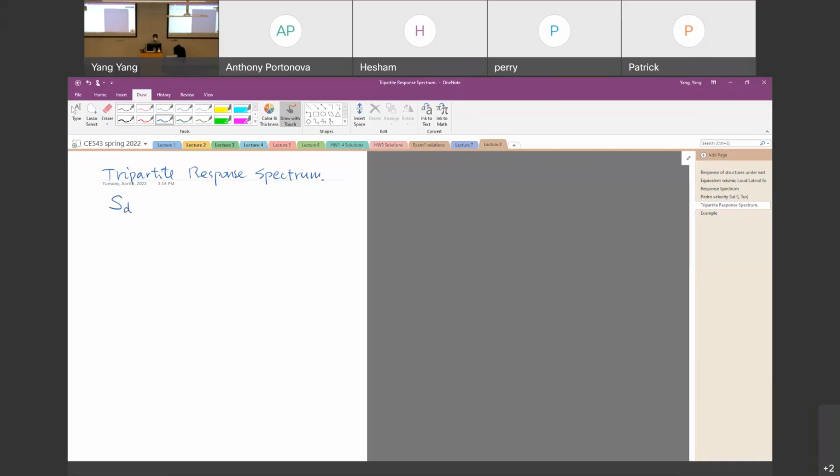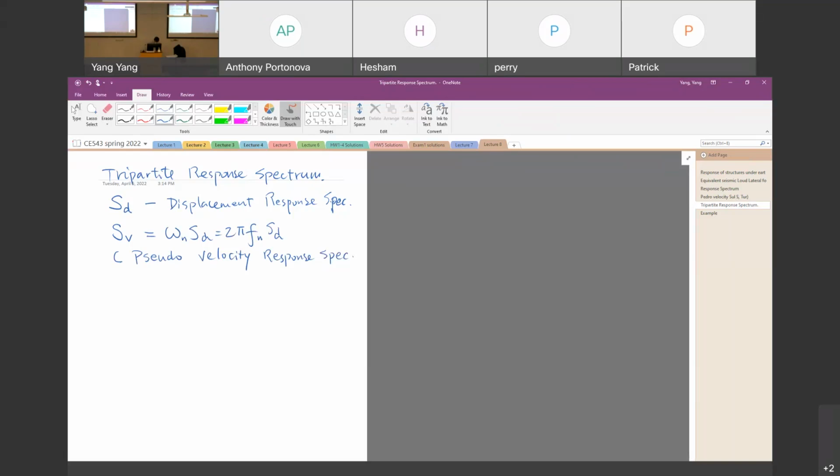So we have S sub D, while this is the displacement. While S sub V, this is the pseudo velocity.